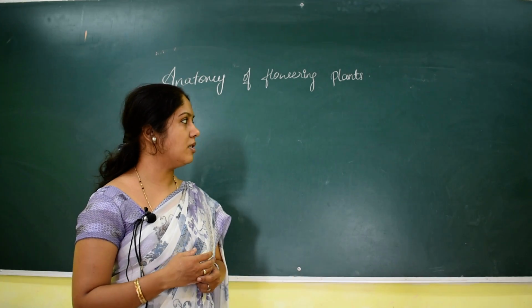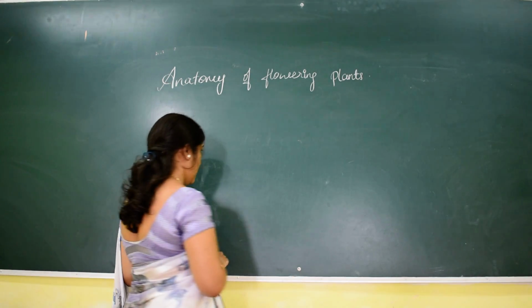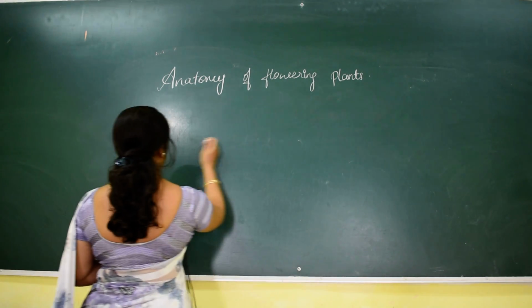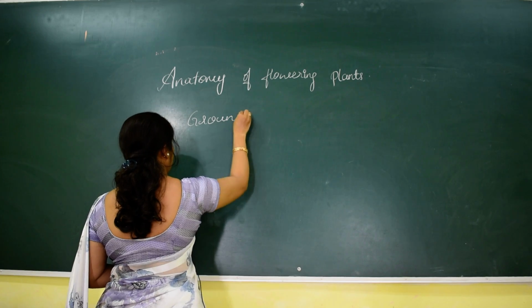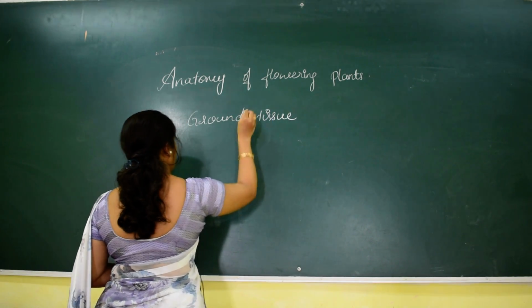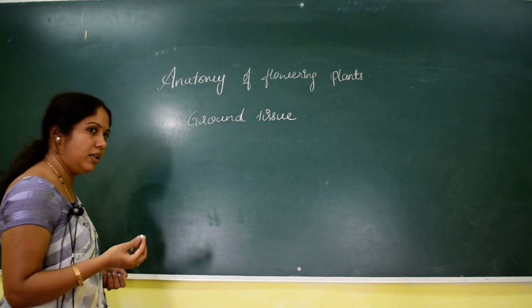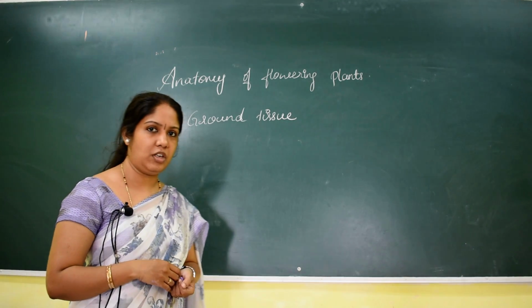So that is about transpiration. Now we are going to discuss another type of tissue, that is the ground tissue. We have discussed epidermal tissue first, next comes the ground tissue, and third and last is vascular tissue.